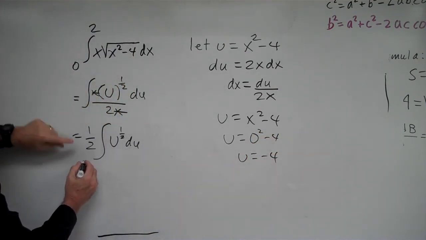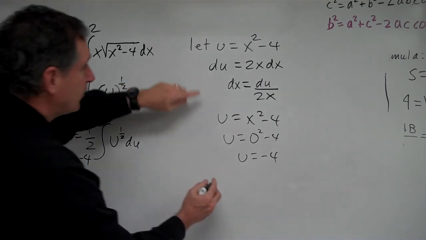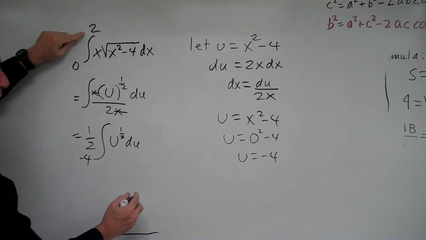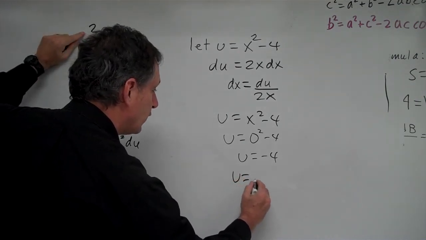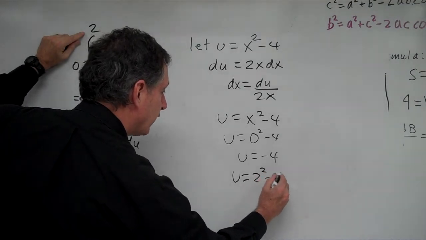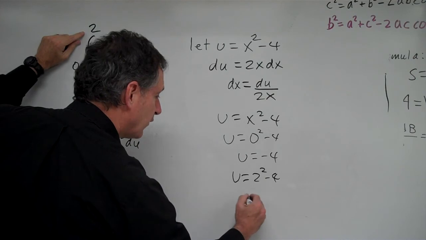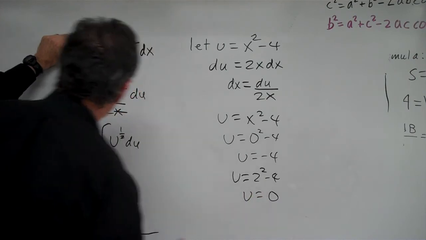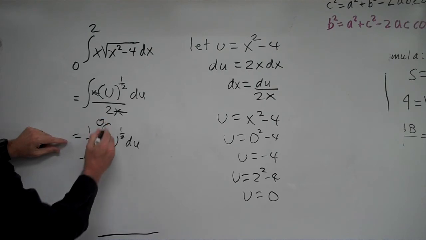So now we've changed our limits here to negative 4, and next we're going to take the upper limit of 2, so we have u equals 2 squared minus 4, which is 4 minus 4, so u equals 0. So we're going to make this 0.